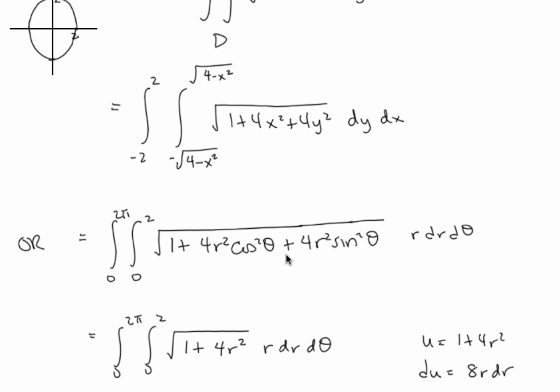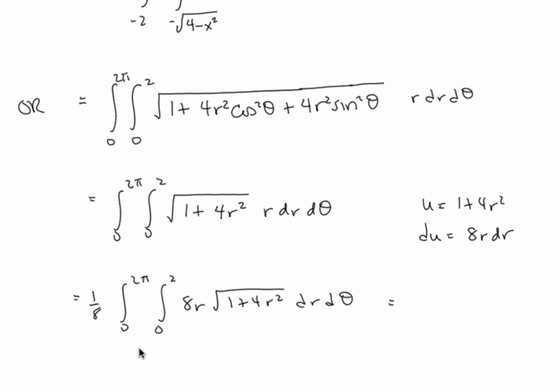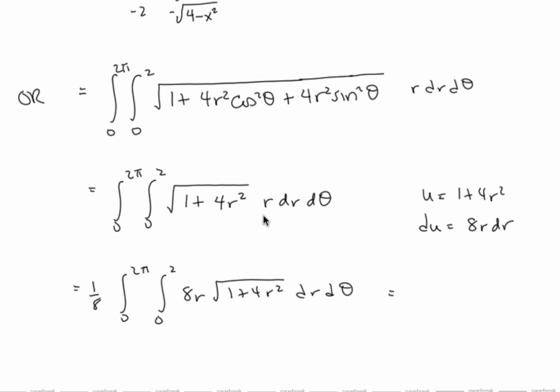So this integral simplifies to just radical 1 plus 4r squared, r dr d theta. And with this, we could do a nice little u sub. U is equal to 1 plus 4r squared. Du is 8r dr. So we need to multiply in an 8 and then a 1/8 on the outside to compensate. So I just move this r over here to be out front with our 8.